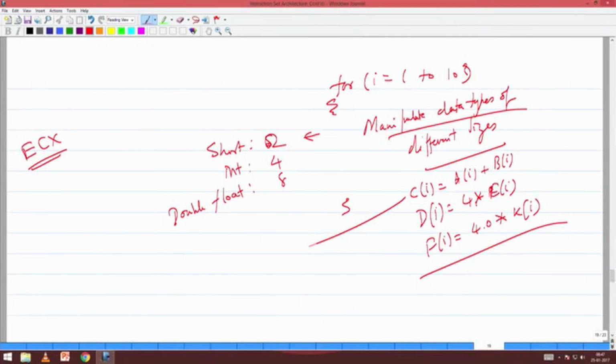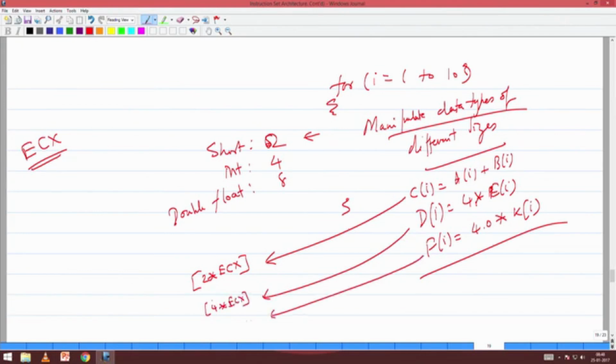So, what I do is when I am accessing this, I will do it as 2 into ECX. When I do this, I will do it as 4 into ECX. When I do this, I will do it as 8 into ECX.